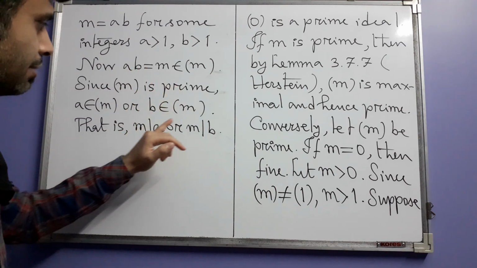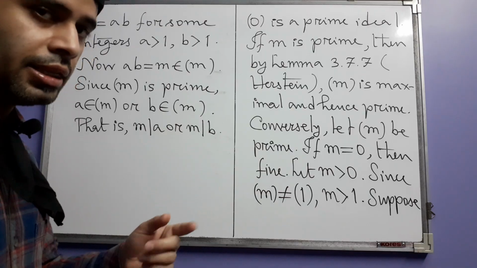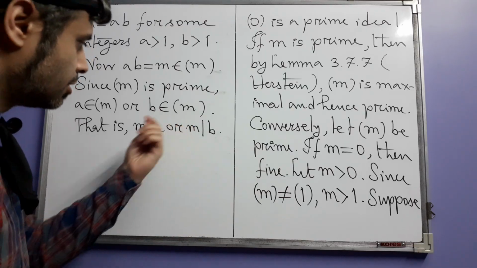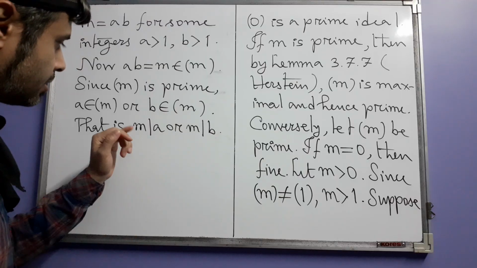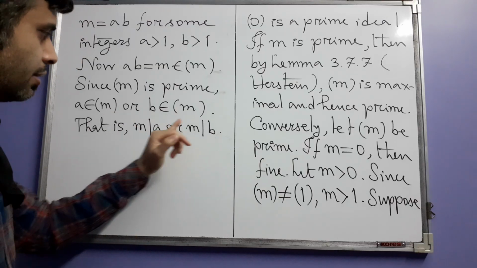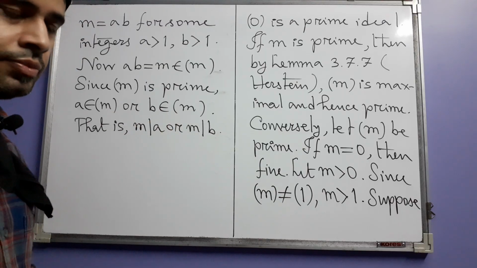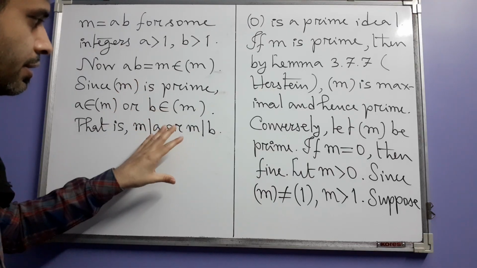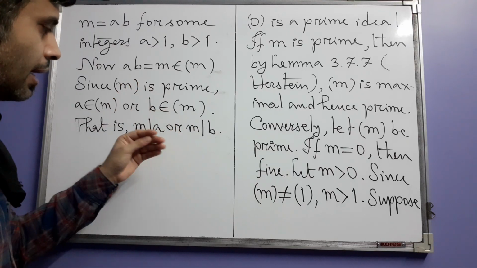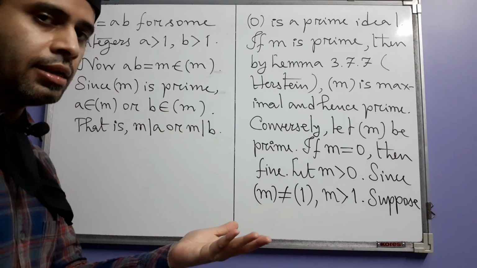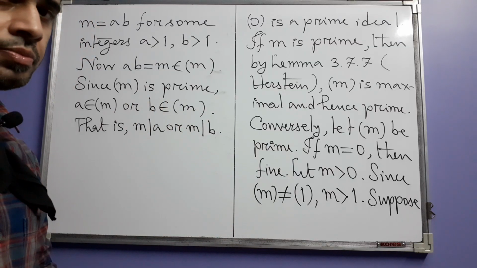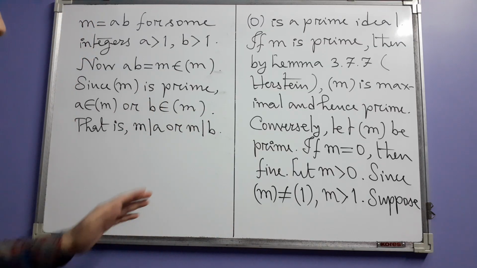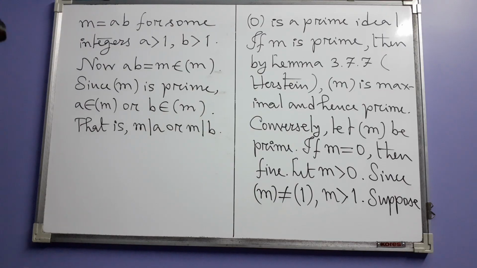So a and b need to both be strictly less than m. So being strictly less than m and at the same time positive integers, none of them is divisible by m. If you are still a little doubtful about this argument, I want you to really go through the details and number theoretically show that this is not possible. Okay, so that I am leaving to you, it's an elementary thing.